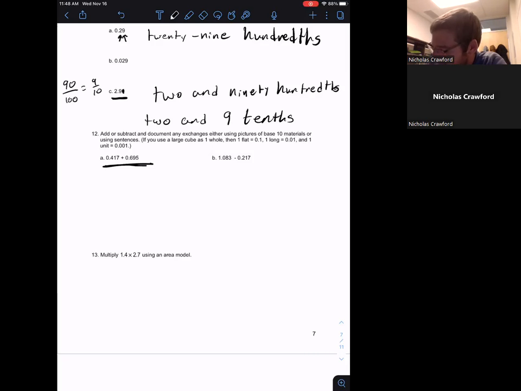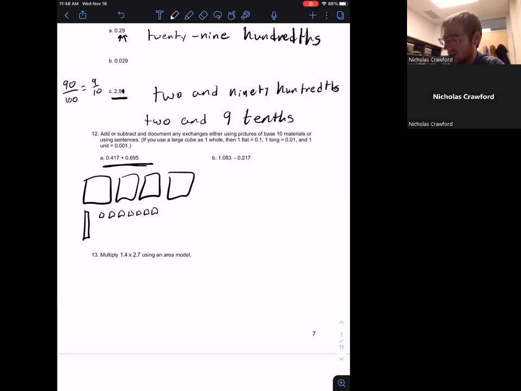So if I have 417 thousandths, that means I have 4 flats, 1 long, and 7 of those cubes there, or those units.